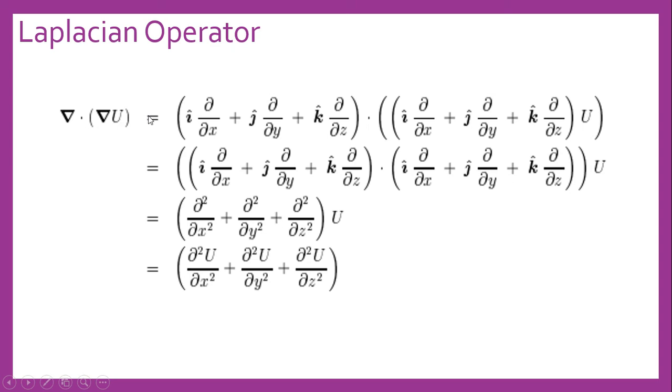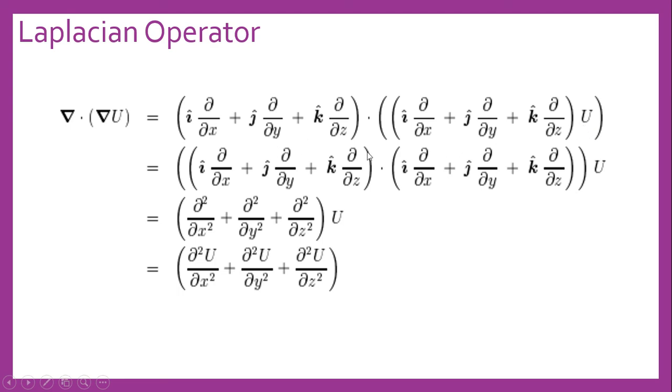We know what del is, which is i into dou by dou x plus j into dou by dou y plus k into dou by dou z. It is dotted with another del vector, followed by multiplication with the quantity u. u may be a scalar or a vector.